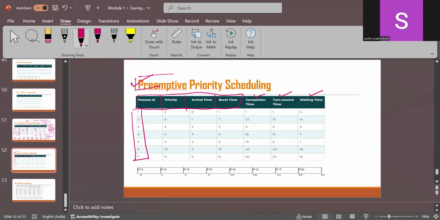To do all this, the first thing we have to do is draw the Gantt chart. How is it different from non-preemptive? Let us understand using this Gantt chart.